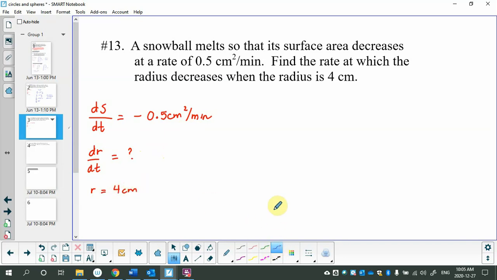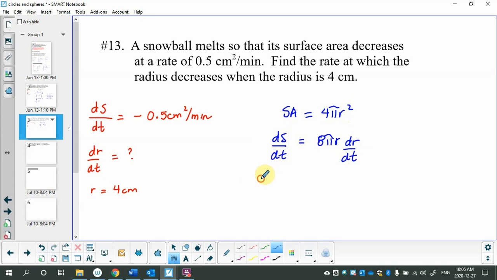So again, I need a formula that links surface area to radius. So the surface area formula for a snowball, so a sphere, is 4 pi r squared. So when I take the derivative of the left-hand side, I'll get 1, and then dS by dt equals, drop the 2, 8 pi r to the 1 dr by dt.